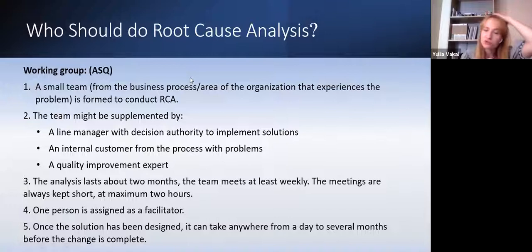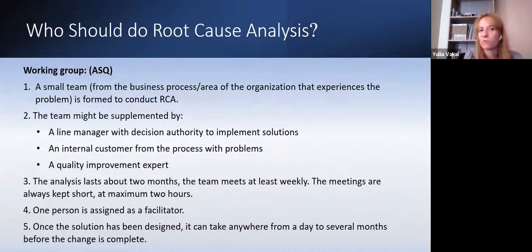So who should do root cause analysis? There are lots of tools and simple techniques which could be done by one person, but it's better to do it in a group, during brainstorming sessions or workshops, because in this case you can get different opinions on what happened and try to find different causes as well.